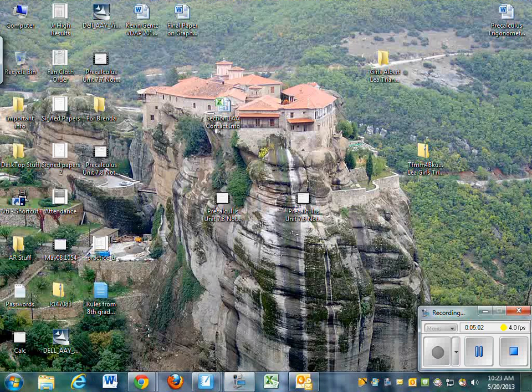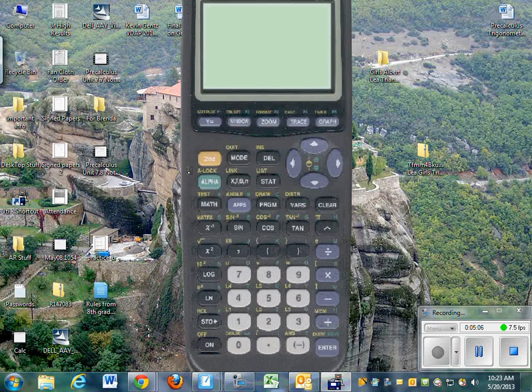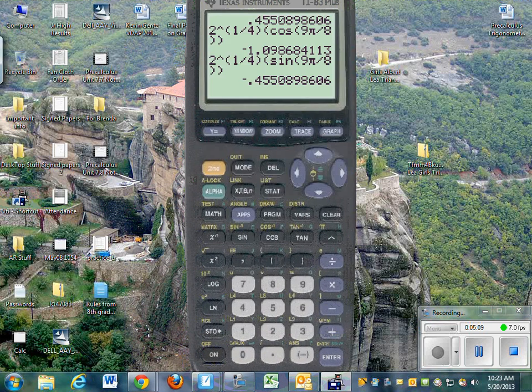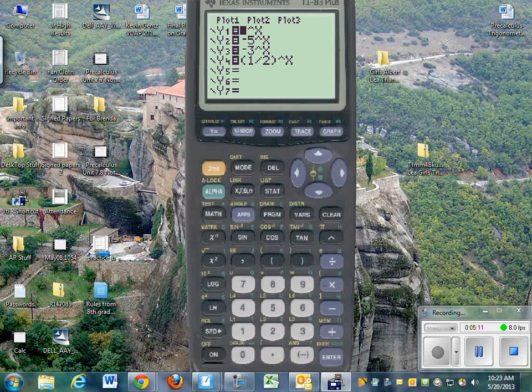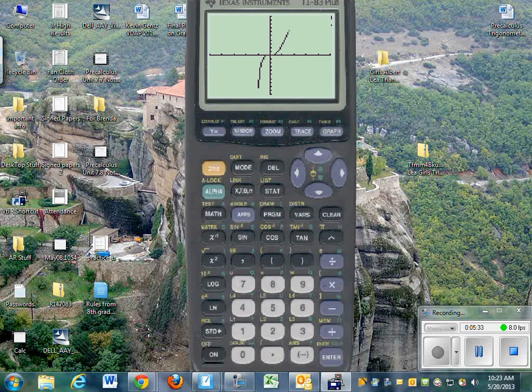Rebecca's question, what are we doing by finding this? So if I go to my calculator and type in 4 natural log of x to the third plus 1 and graph that, you can see it has a very interesting shape, right?